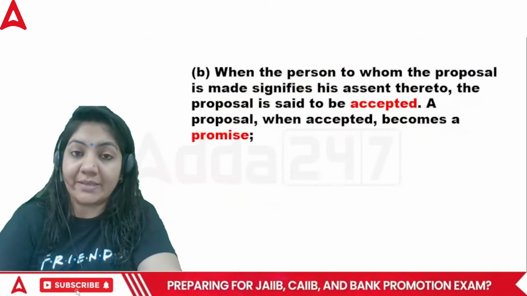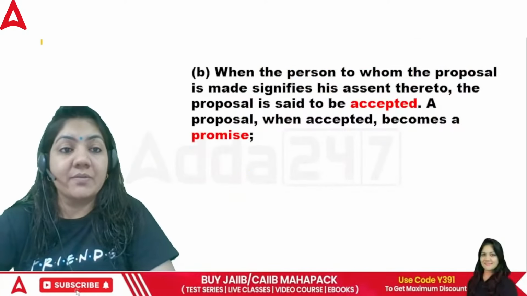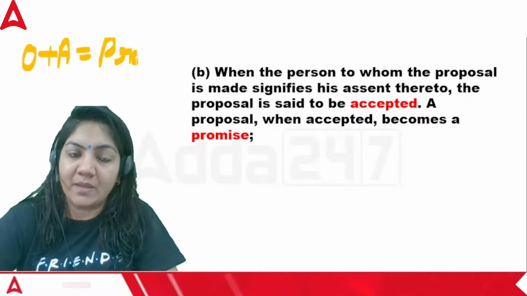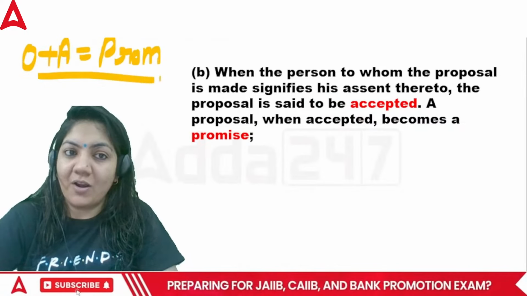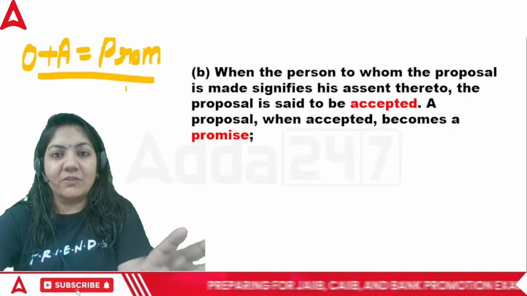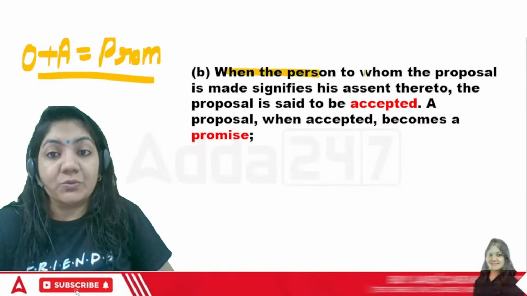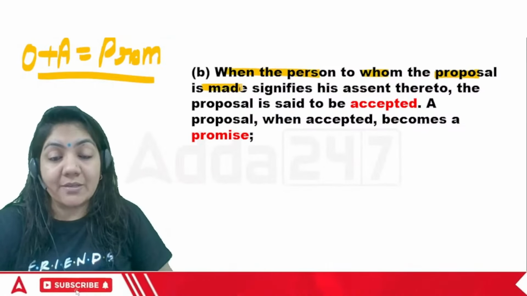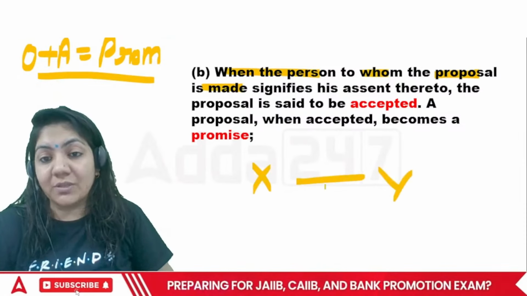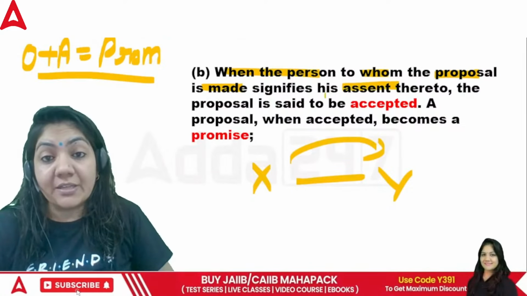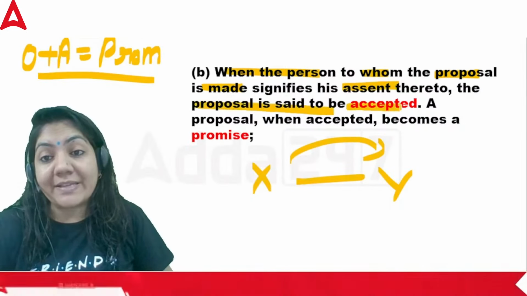Got it? Next, what is acceptance? We know offer plus acceptance is equal to promise. Right now we all know the formula, so if you know the formula, you can easily understand the term. When the person to whom the proposal is made, the Y person, signifies his assent, the proposal is said to be accepted.